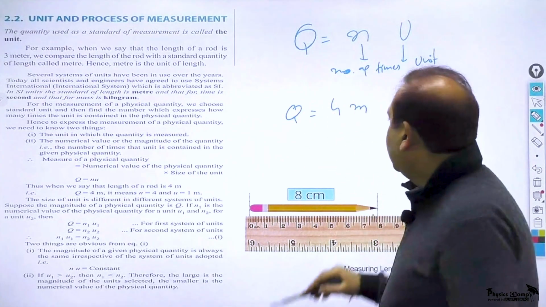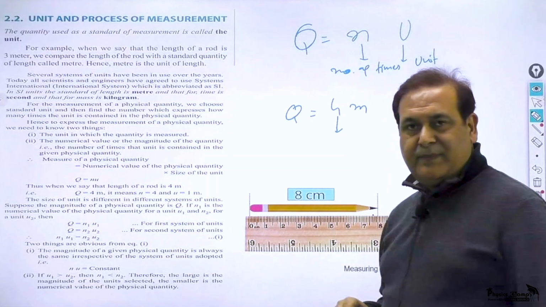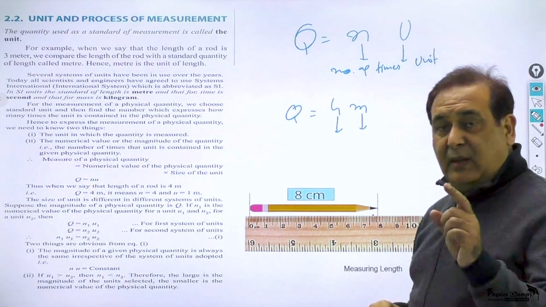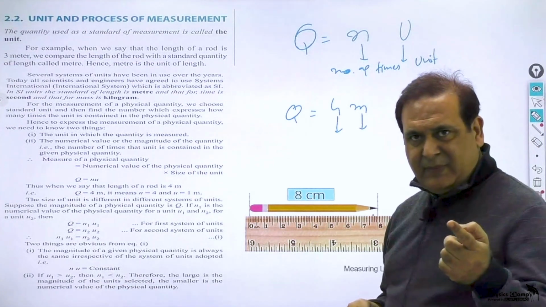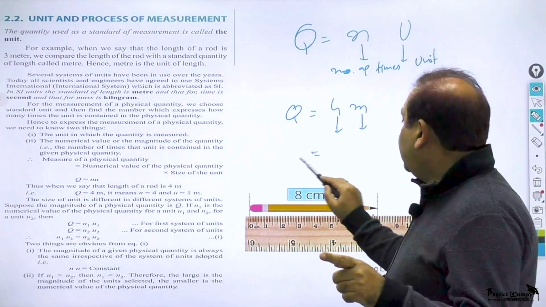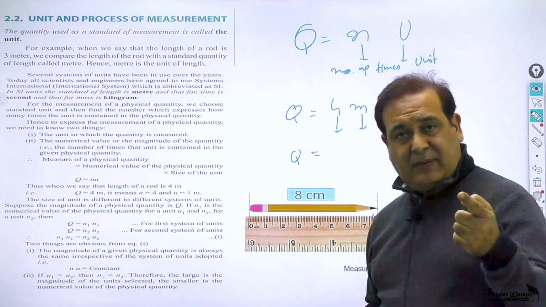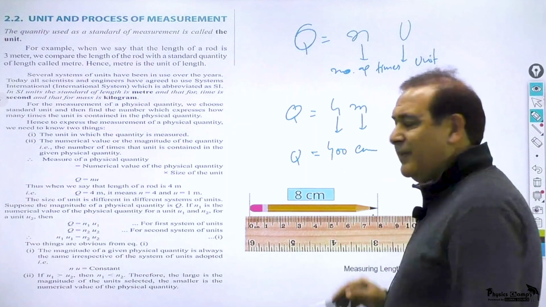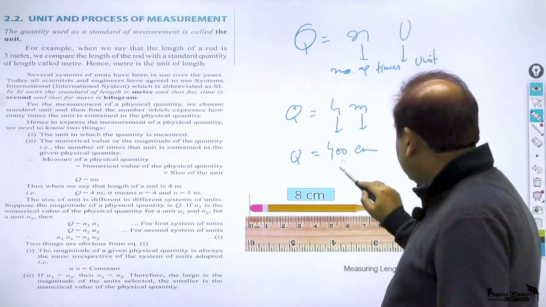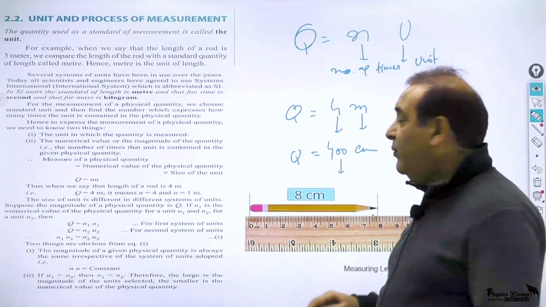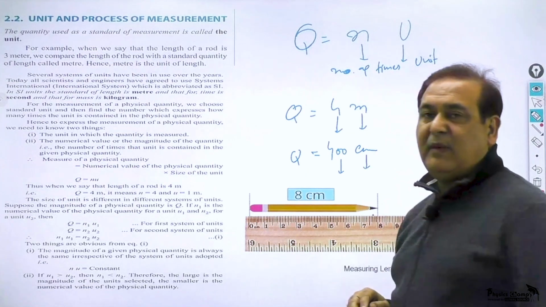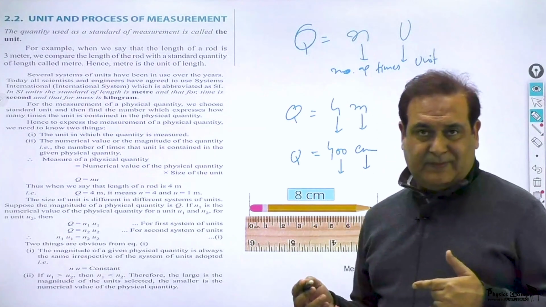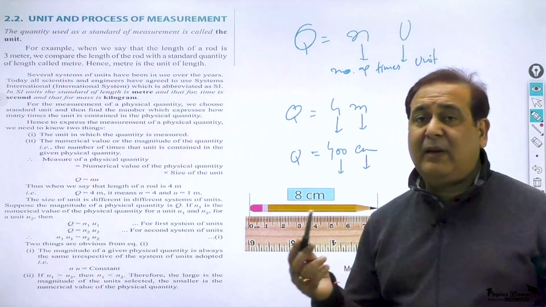It means the numeric value is 4 and the standard unit is 1 meter. In another situation, when I take the unit as centimeter, the same value comes out to be 400 centimeter. Here the numeric value is changed to 400, where the unit is changed to centimeter. So for the same physical quantity, I can take another unit also, and in that case the numeric value will change.